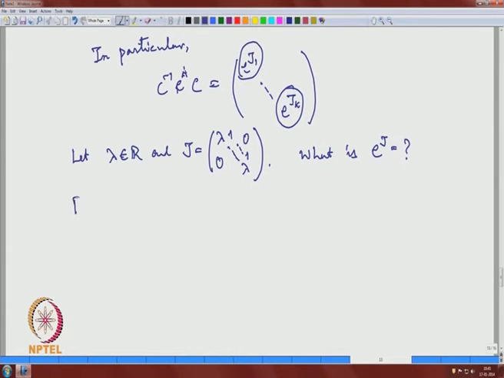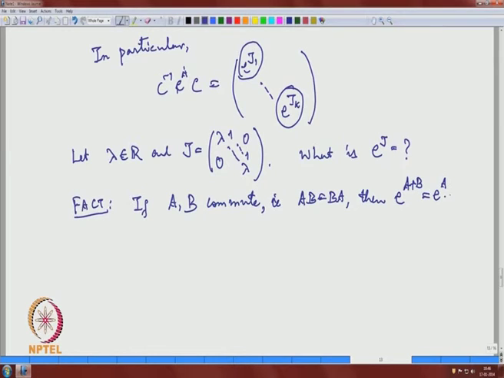So, again a fact. If A and B commute, that is AB equal to BA, then exponential of A plus B is equal to exponential of A exponential of B. So, just like exponential of a real number.